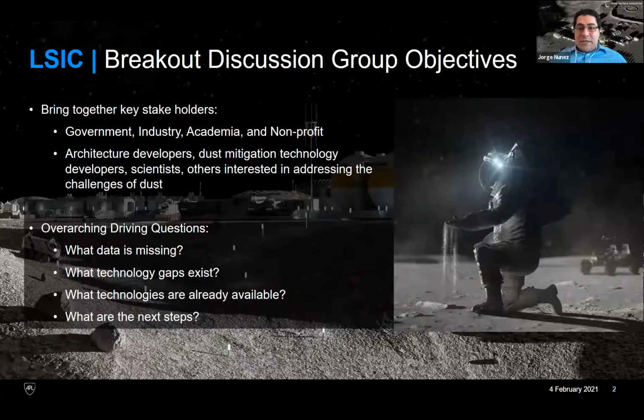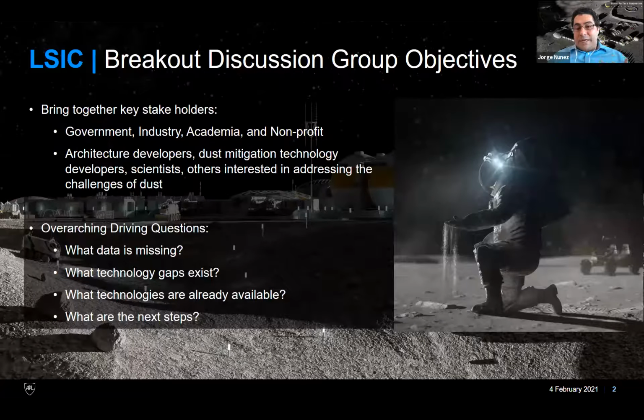One of the key outcomes of this workshop that we're hoping for is that we're going to be using what's called mirror boards, which you'll see when you transition to the breakout groups. These are very highly collaborative, using notepads, and we're hoping there's going to be a lot of information recorded that will end up in a report.